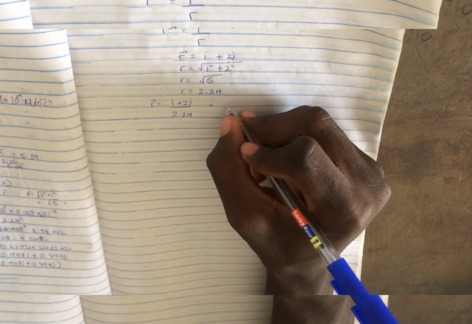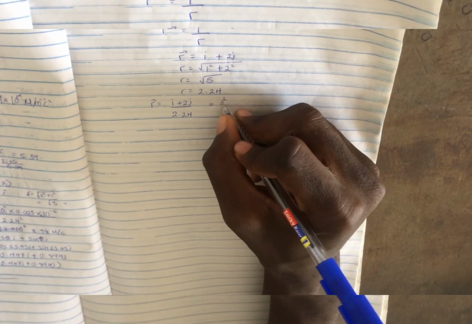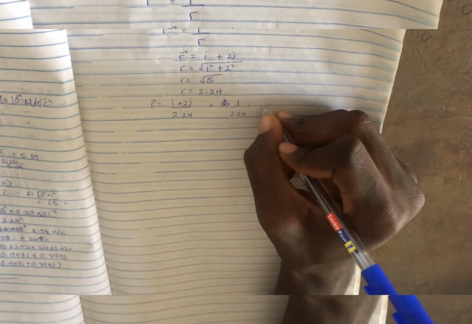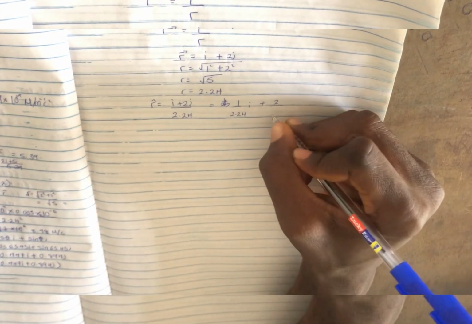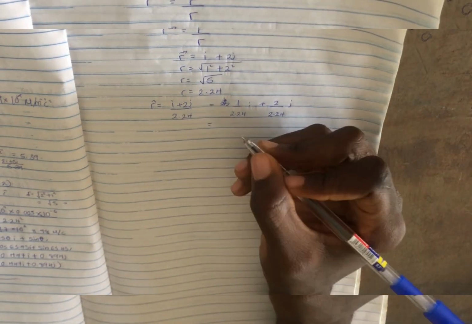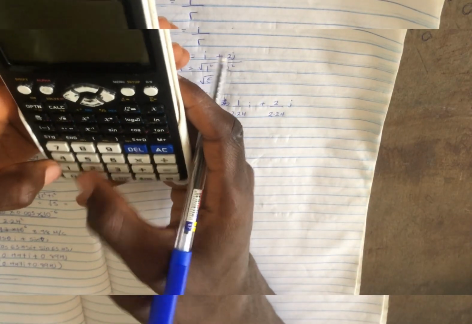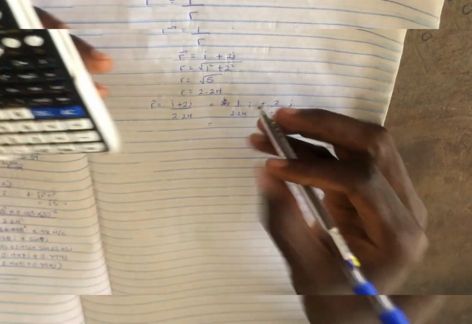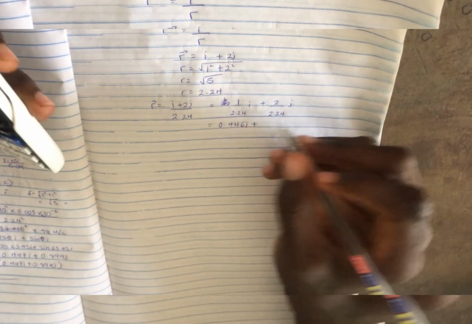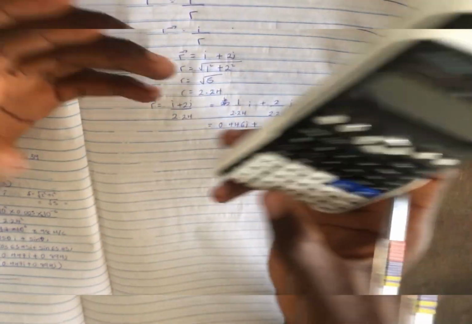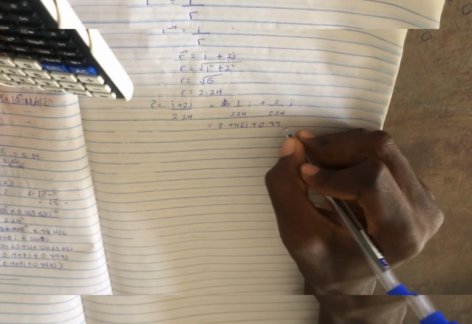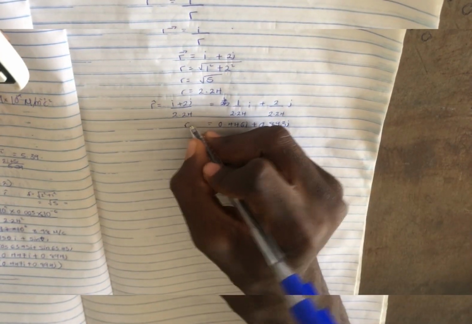So we have 1 over 2.24 i plus 2 over 2.24 j. 1 divided by 2.24 is 0.446i, plus 2 divided by 2.24, that will be 0.893j. So this is our r hat.